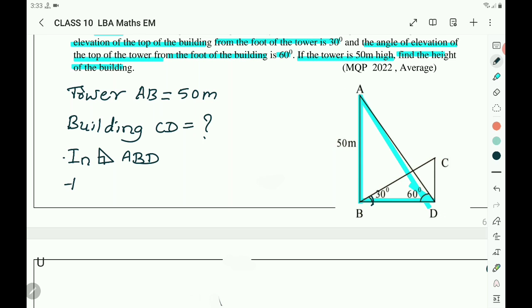Which trigonometric ratio do you have to take? Tan theta. Tan theta equals opposite side AB by adjacent side BD. So you take directly tan 60 degrees only.